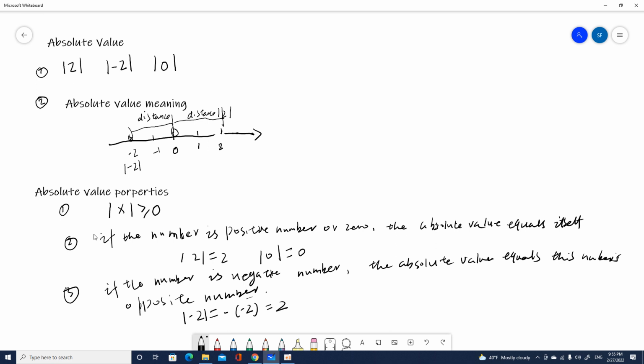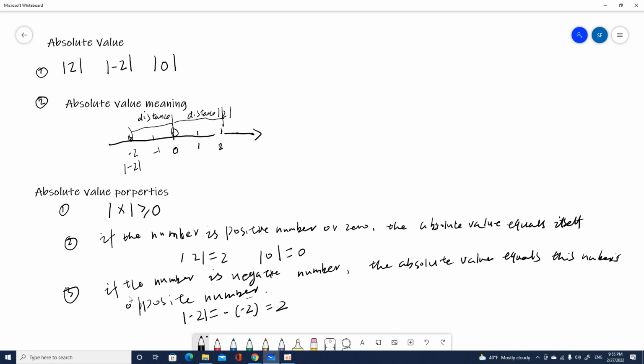The third thing is in order to find a number's absolute value, you need to divide this number into 2 scenarios. The first scenario is if this number is a positive number or 0, then the absolute value equals itself, such as positive 2 or 0.